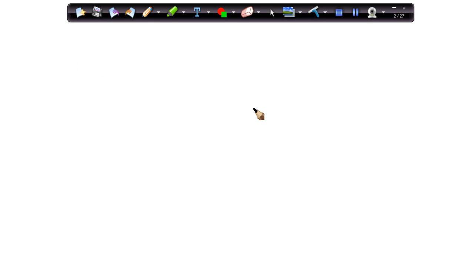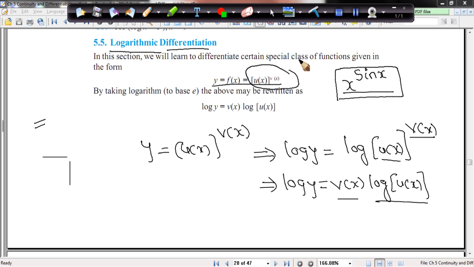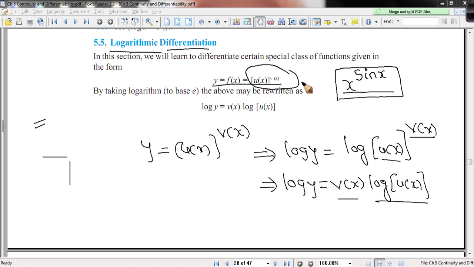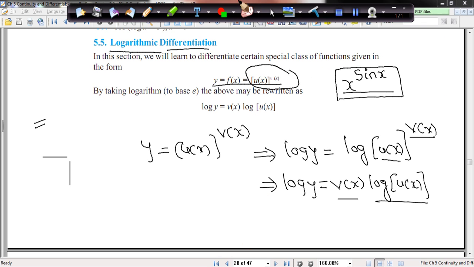Good. So let me solve an example. Let me solve the same example, x power sin x, in this video so that you get an idea about this.